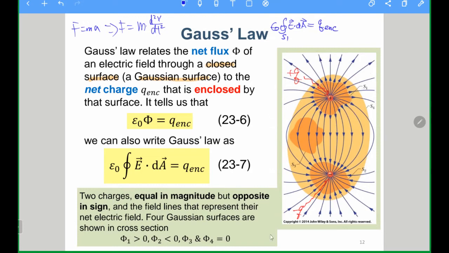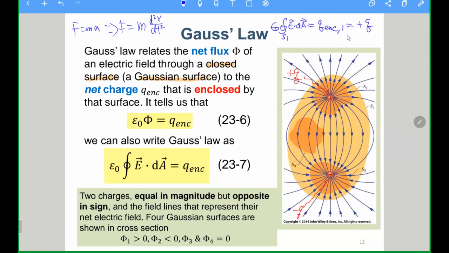In this whole space, there are two charges, one here, one here. But for S1, the only charge enclosed by S1 is this positive charge. This negative charge is not enclosed by S1. So the Q enclosed for surface S1 is positive Q.